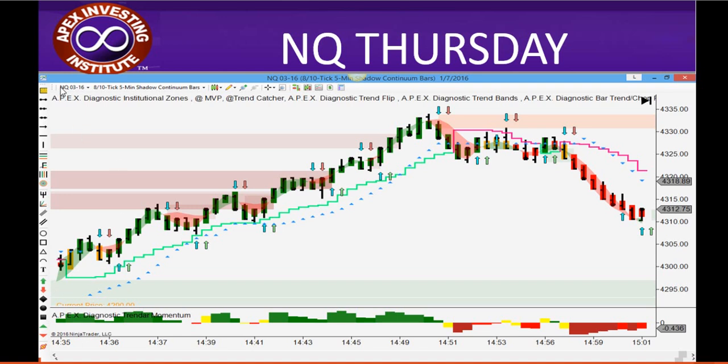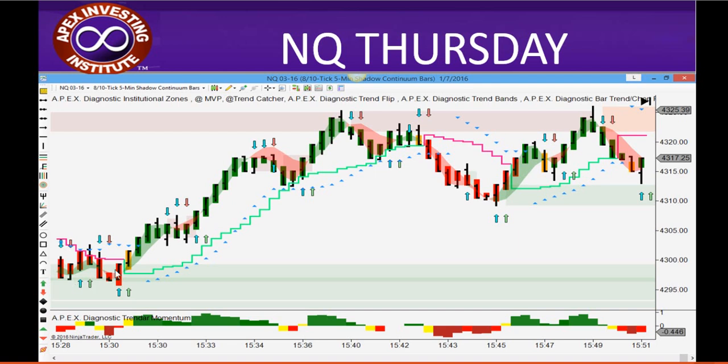Well, what if you're doing 2 contracts on NQ or 1 contract on TF? Market comes up, makes a high, drops back down, comes up, breaks this high, boom, you get in for 10 ticks. Comes up, makes a new high, comes back down, comes up, breaks that high, boom, you get in for 10 ticks, right? Coming up, comes down, breaks. You can still take advantage of these trends and get in.